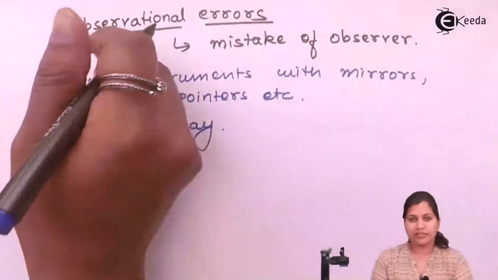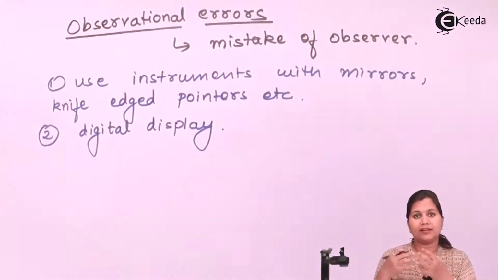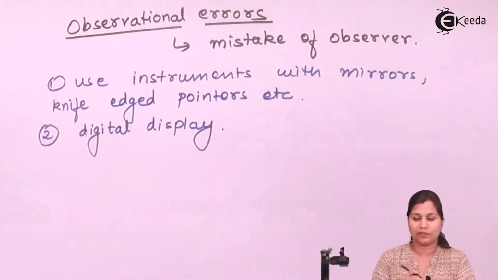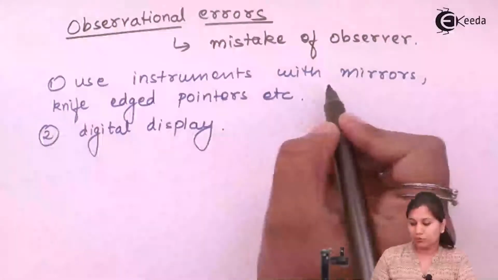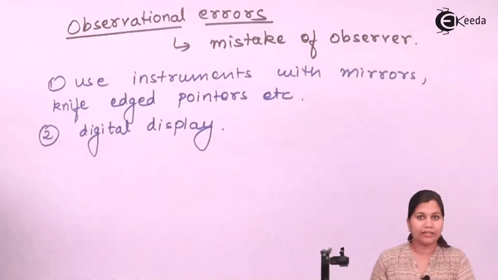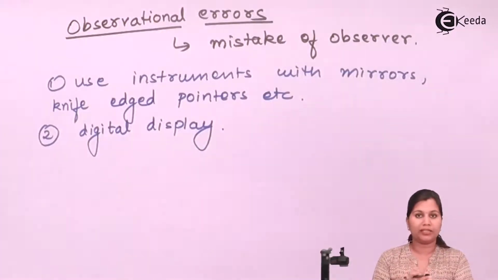Observational errors means the error has occurred while taking the readings, while doing the observation. So instruments with mirrors are very helpful. With the help of a mirror, it is clear for us to see the readings.